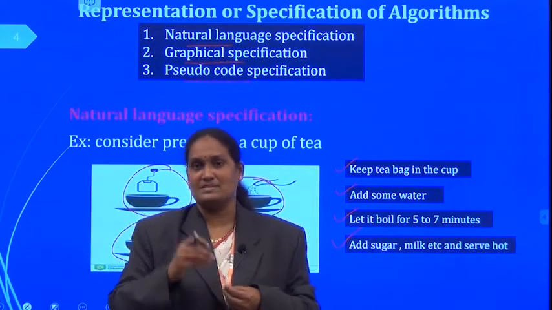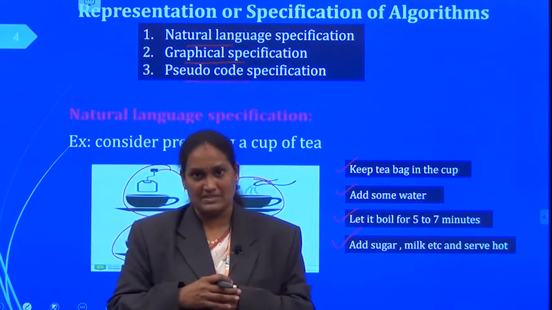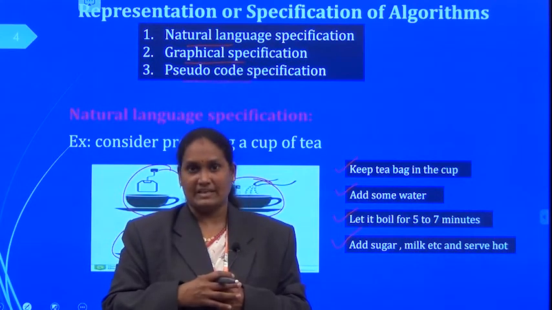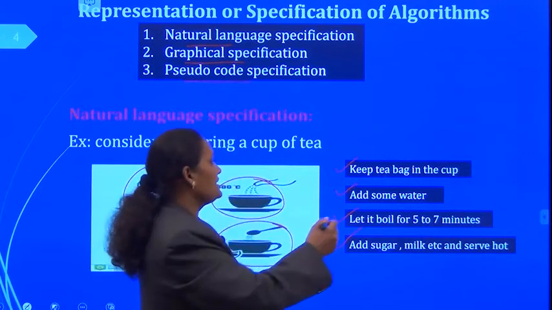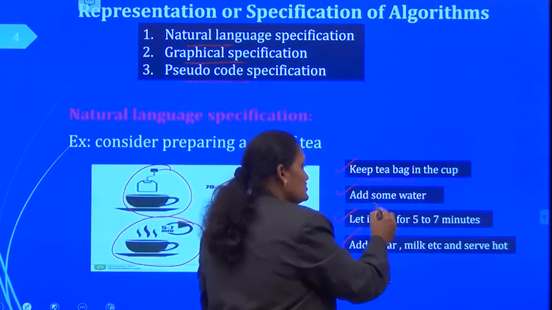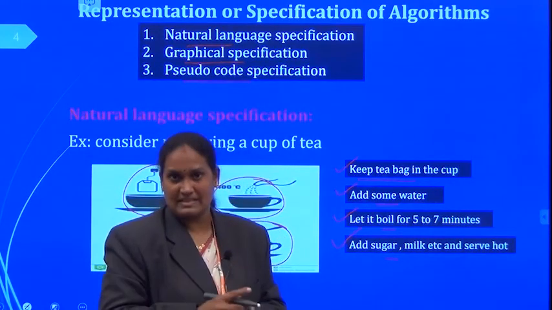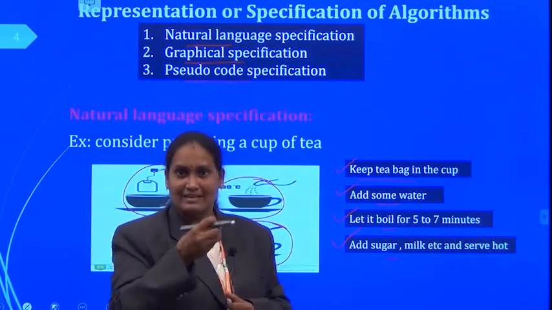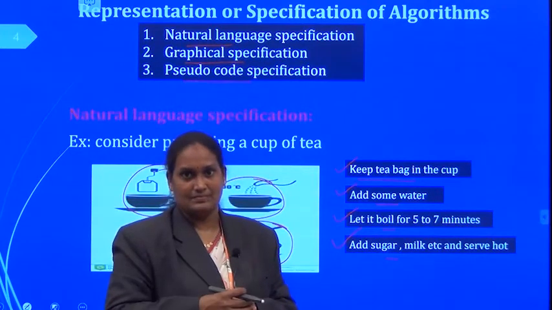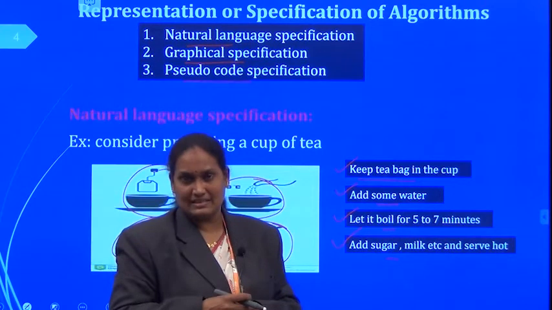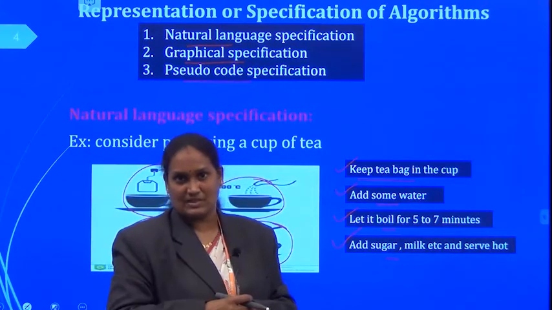You can observe the 4 steps that I wrote. All the statements are represented in general English language sentences. That is, this type of problem can be represented easily by using natural language specification.